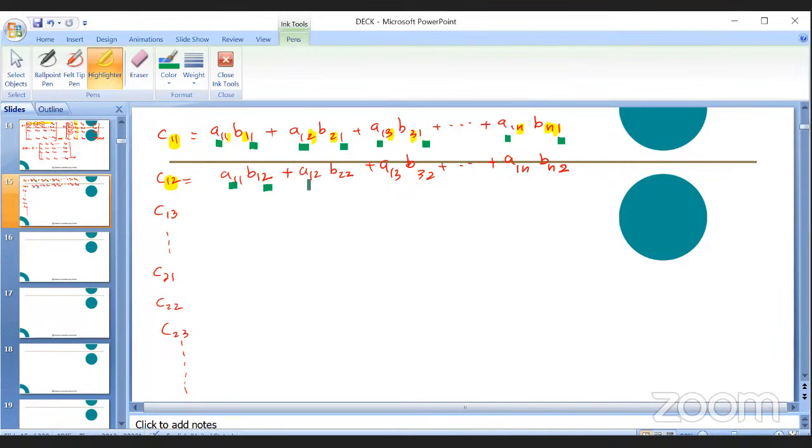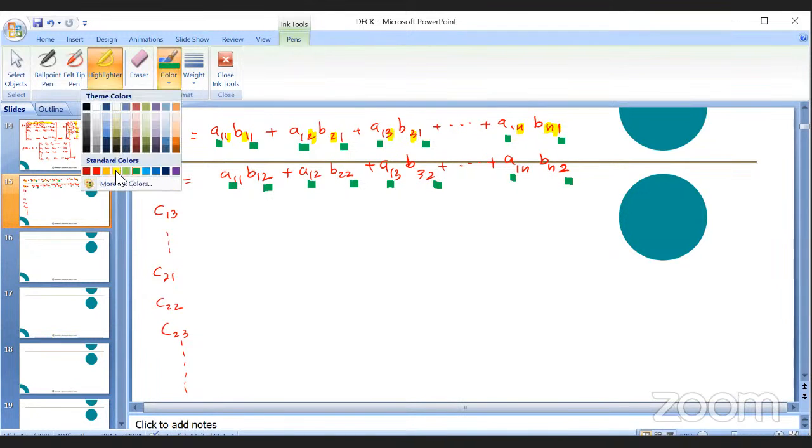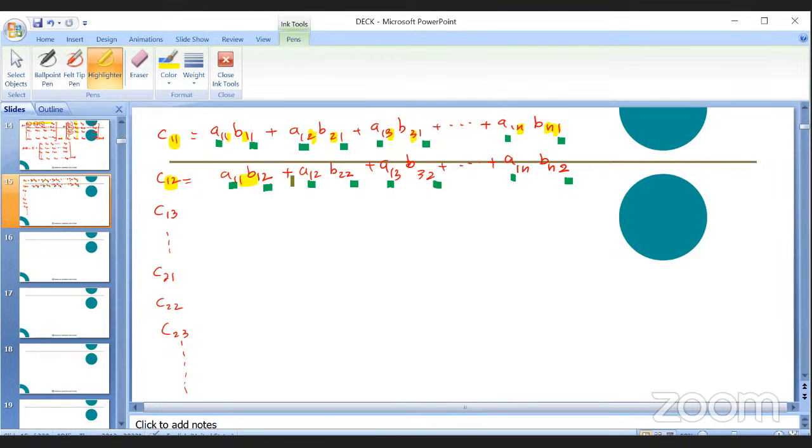Same here, 1, 2, 1, 2, 1, 2, 1, 2. Whereas in the middle, what you have? 1, 1, 2, 2, 3, 3, N, N. The same pattern will continue.